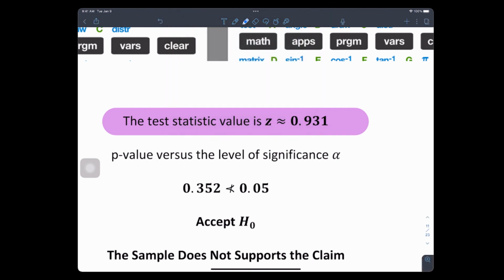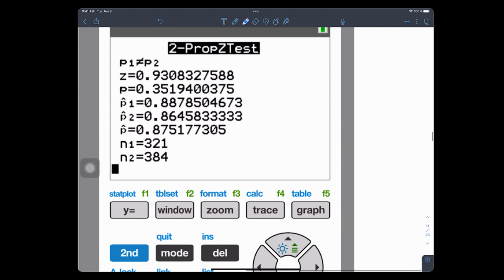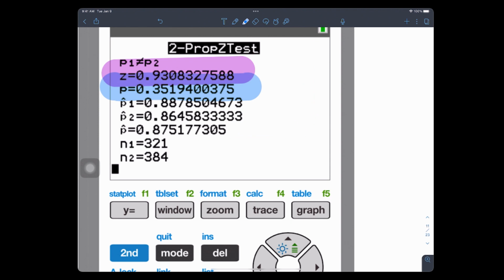Isn't this my p-value? Right? You guys see it? Okay.